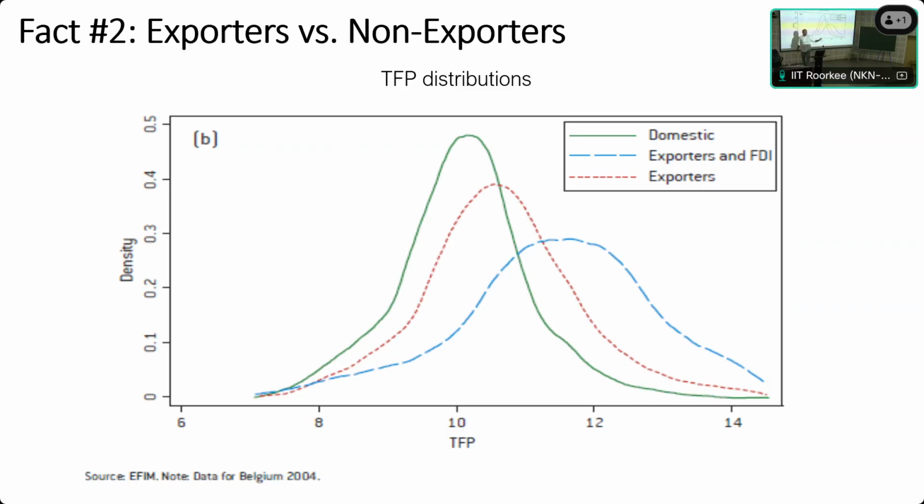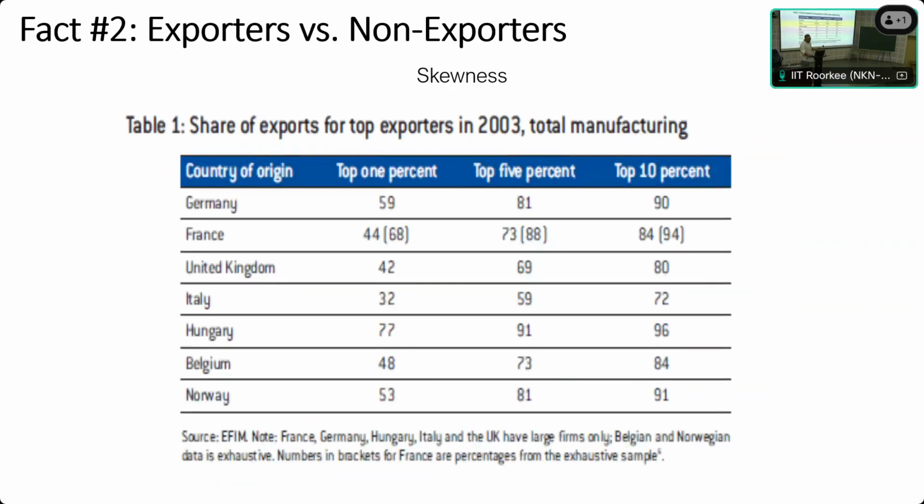And this is in logs, so it's a significant difference. You can see the share of exporters in total manufacturing. In Germany, the top 10% of the exporters export 90% of the goods. It's that unique. The entire international trade scenario is dominated by only a few players.